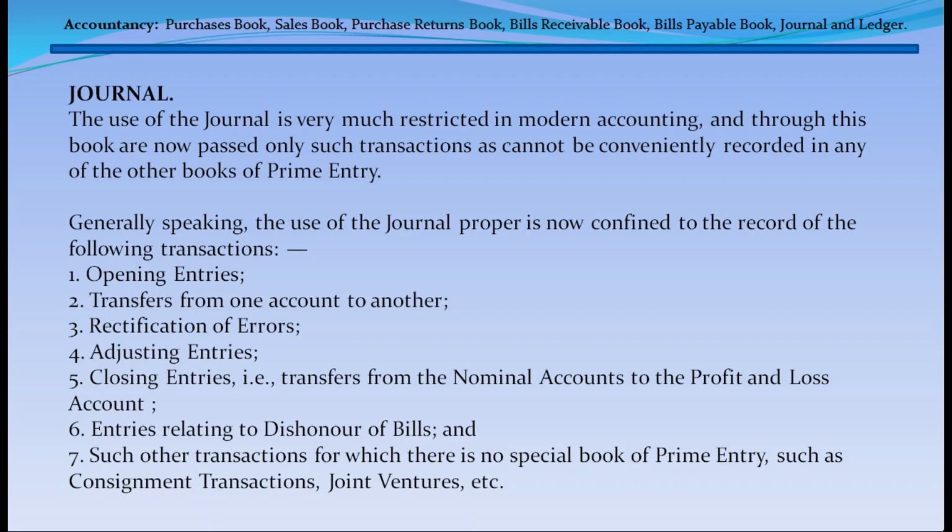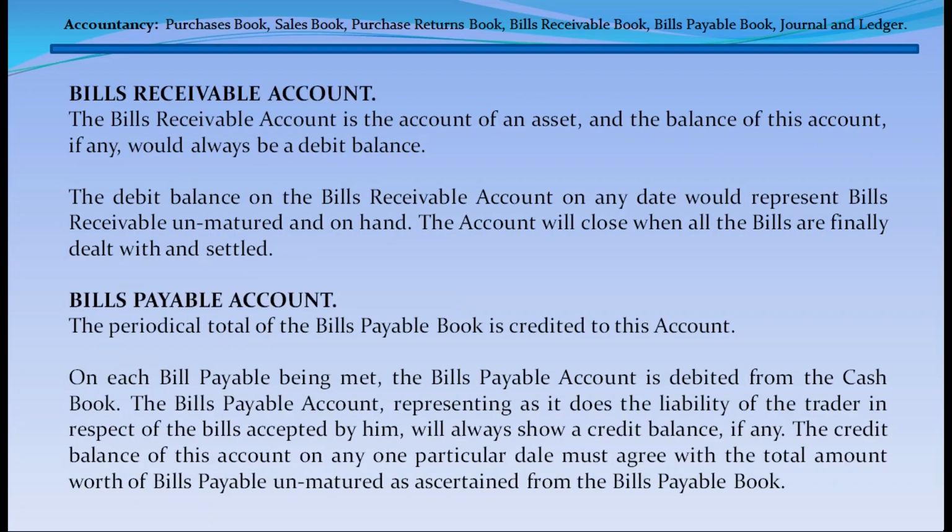That means opening entries, transfers from one account to another, rectification of errors, adjustment entries, closing entries, transfers from nominal accounts to the profit and loss account, entries relating to dishonor of bills, and such other transactions for which there is no special book of prime entry, such as consignment transactions and joint venture transactions.